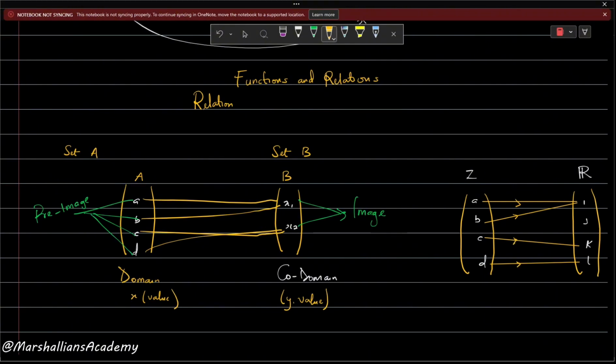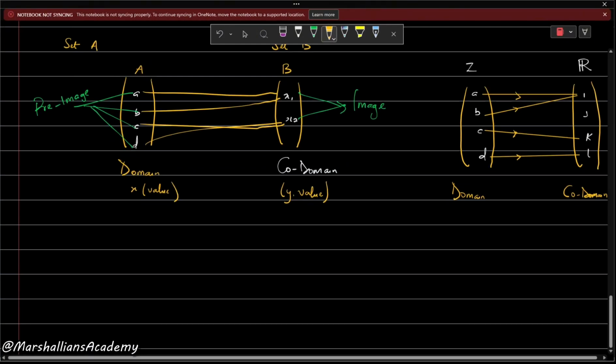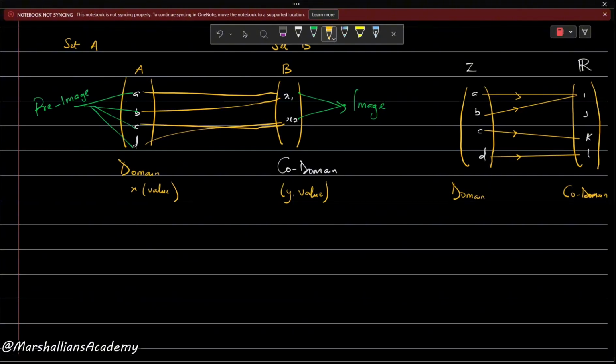Basically, we know that set Z is the domain and set R is the codomain. But now, what is going to be the range of set Z? All the elements in set Z are related to only three elements in set R, which is I, K, and L, which means the range of Z is the set I, K, and L.